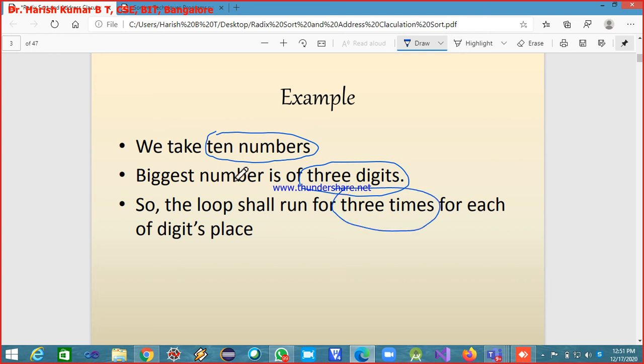Since the biggest number out of these 10 numbers has 3 digits, we have to run the loop 3 times, once for each digit place. The first iteration is for the ones place, the second iteration for the tens place, and the third iteration for the hundreds place. Once you complete all these 3 iterations, you should see the elements in sorted order.